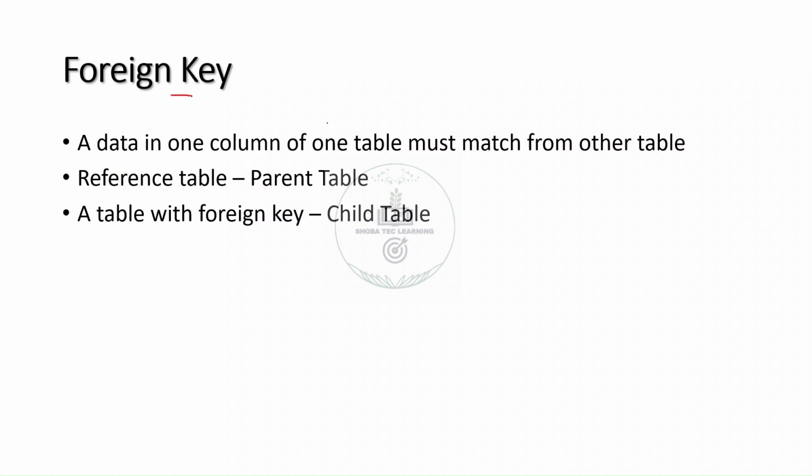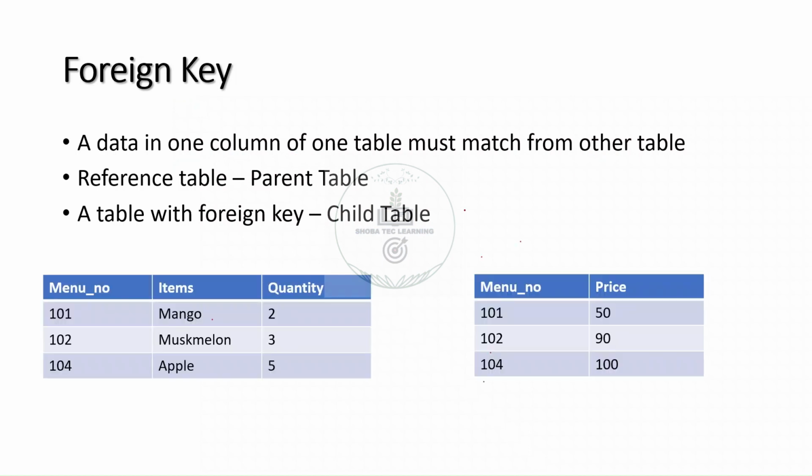Now, when we see the foreign key, data in one column of one table should be matched to the other table. Just consider one real-time example. Here I have taken two tables. In table one, just note it down, menu number, item, and quantity are present, three columns.